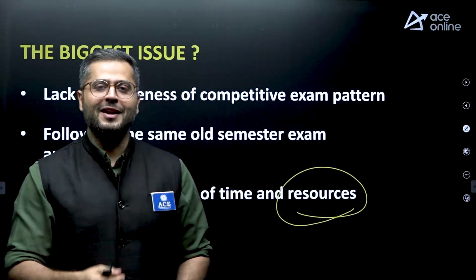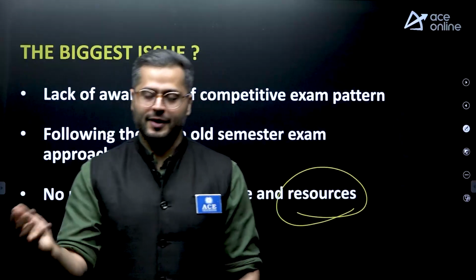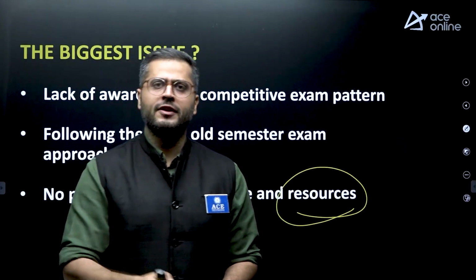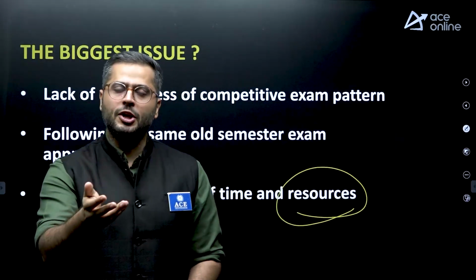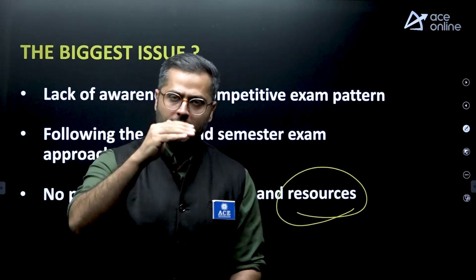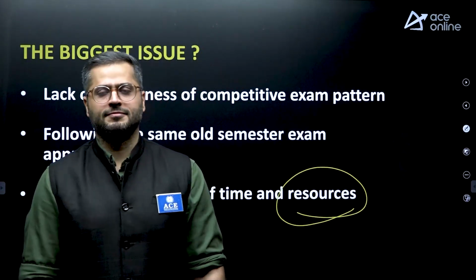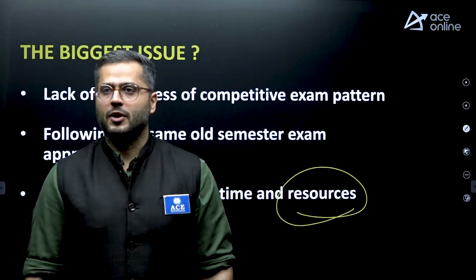Why have the cutoffs been similar to what they used to be before COVID? They're similar. It's not changing, even though resources are available to you in a much cheaper format and in a much easier way. We are not able to use that properly.